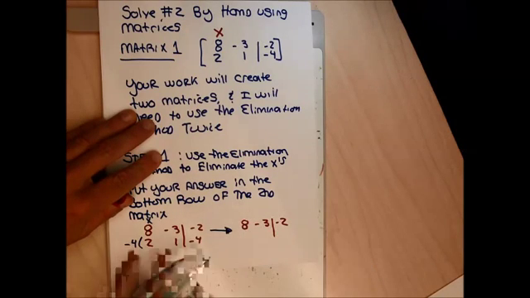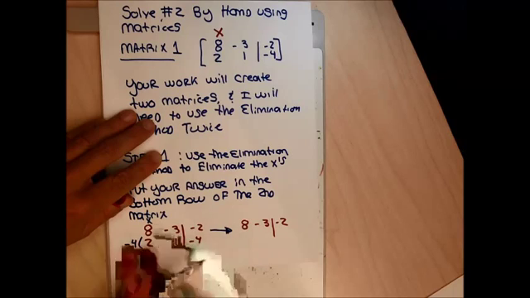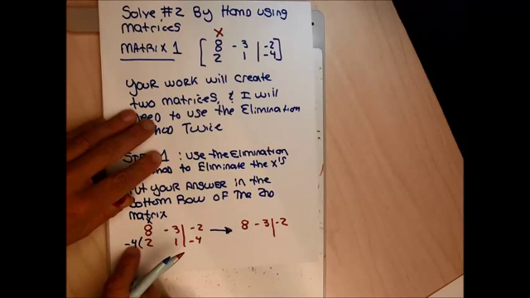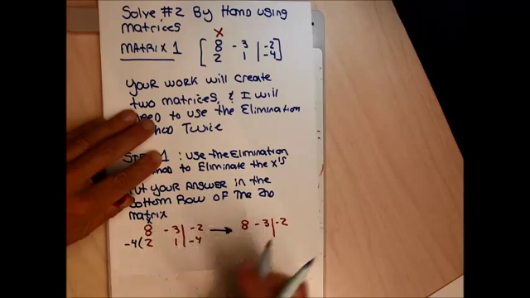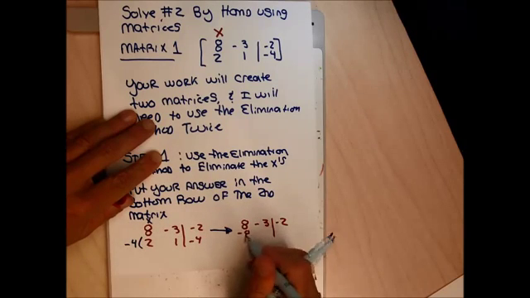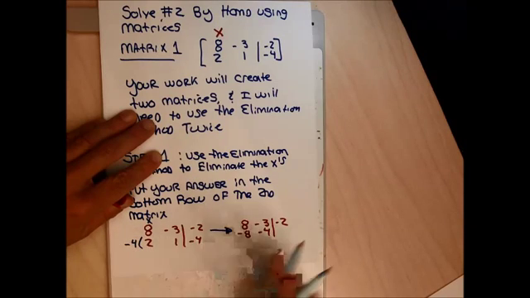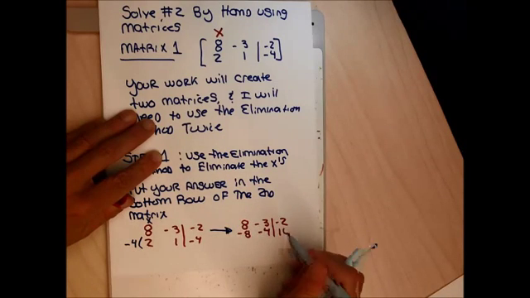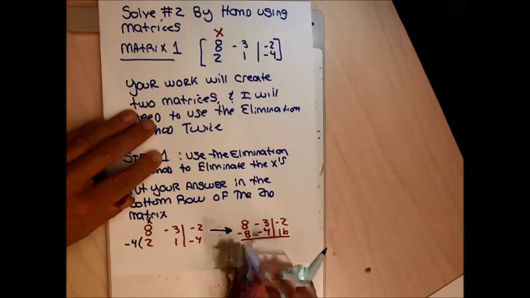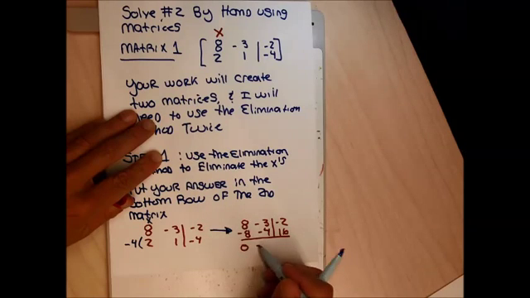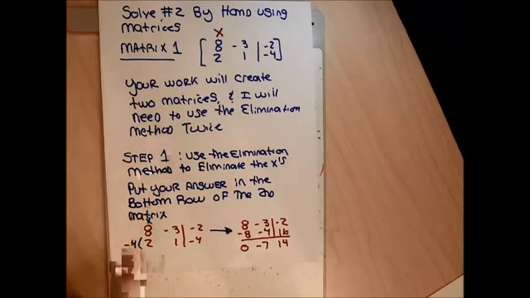I'm going to multiply every number in the bottom row by -4 and eliminate the x's by adding them together. I'm going to go -4 times 2 is negative 8. Negative 4 times 1 is negative 4. Negative 4 times negative 4 is positive 16. I'm going to add these together and get 0, negative 7, positive 14.